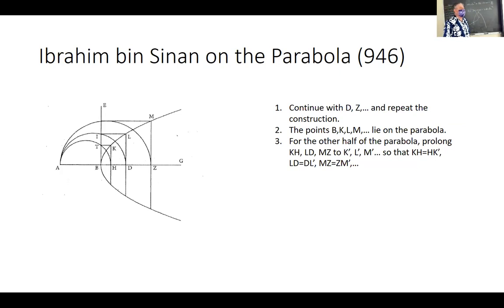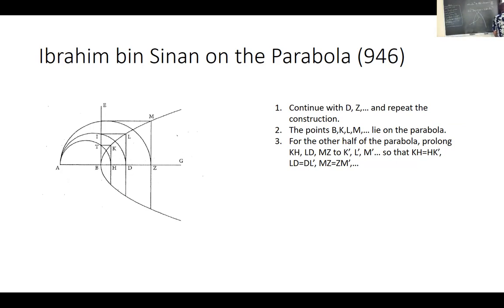And you just keep on doing that. You choose more points, D, Z, etc. You put the semicircles in, you complete the rectangles, and you get a whole bunch of points, B, K, L, M, which lie on the parabola.